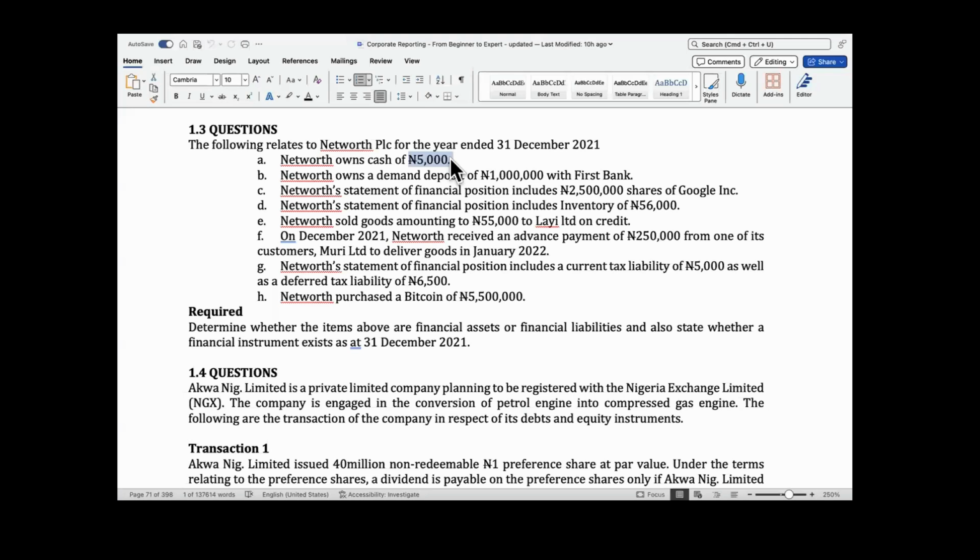So yes, this cash is a financial asset to Networth, but since we don't have any other party that has either a financial liability or equity, it is not a financial instrument contract. For there to be a financial instrument contract, there have to be two parties.